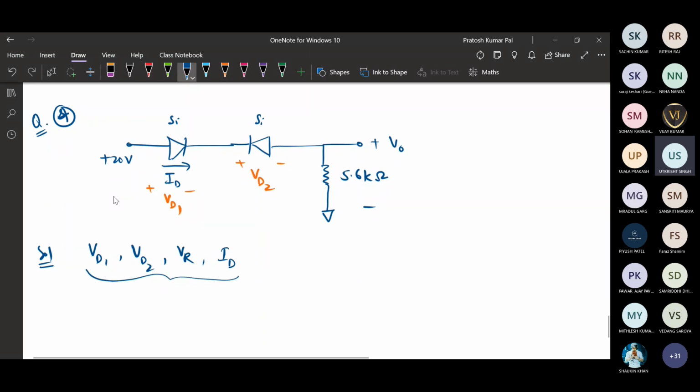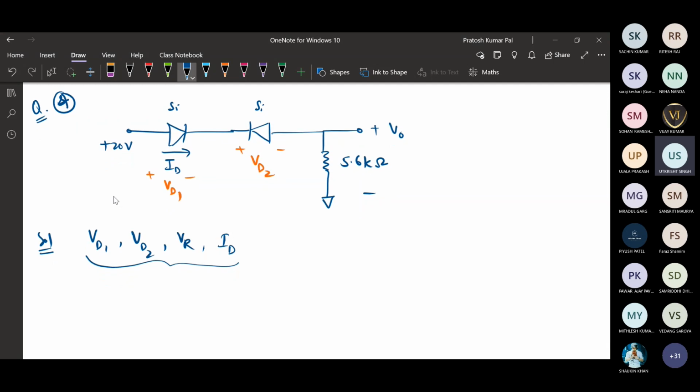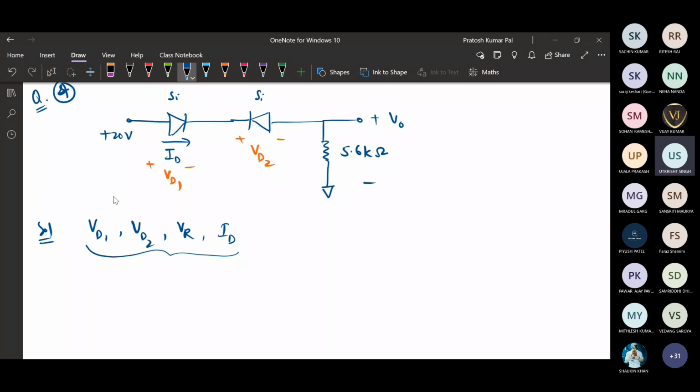First of all, we will see which diode is forward bias and which one is reverse bias. In the first diode, diode 1, we can see this one is positive and this is negative.